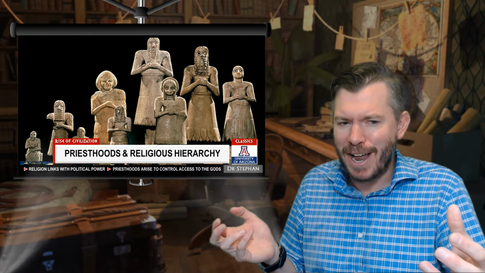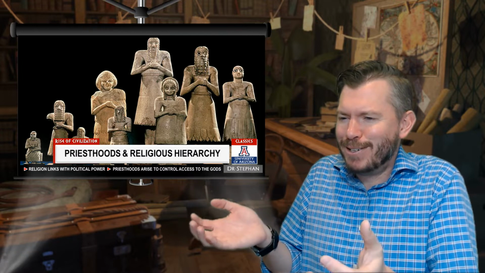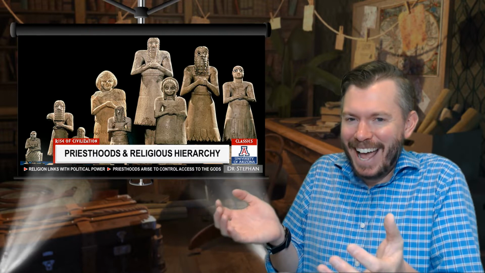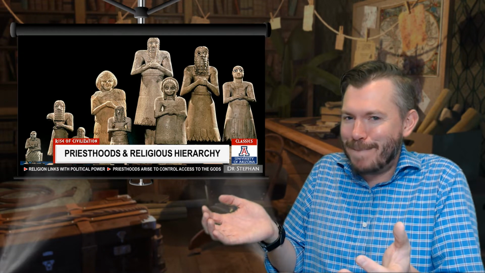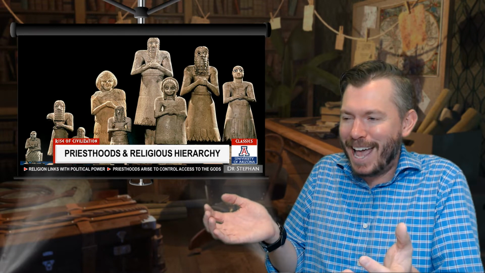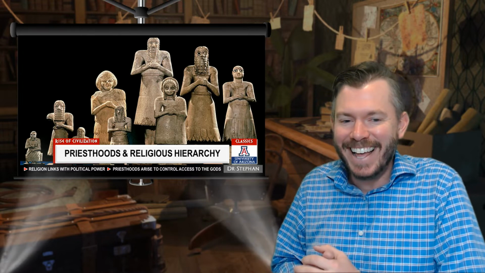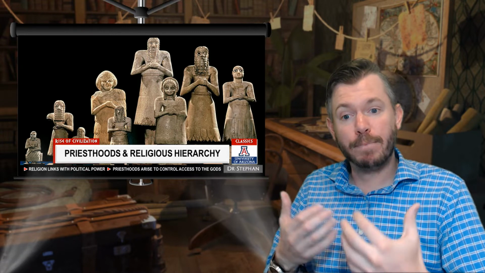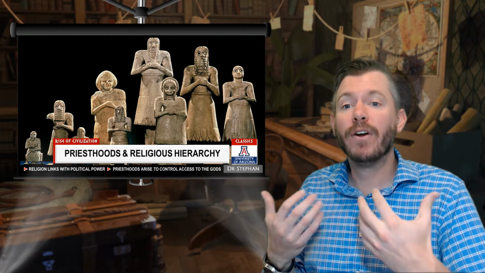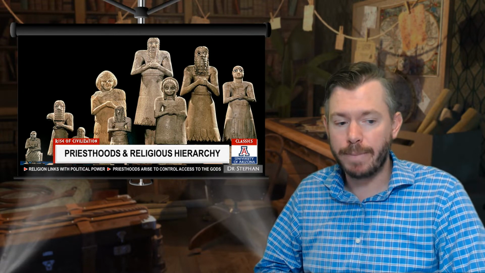But once that's done, how do you stay in power? And the answer is you say, oh, the gods said that I should be in power, and also my whole family, and also my best friends. And so this too becomes a core part of Bronze Age societies and a way for political elites to legitimize their power.